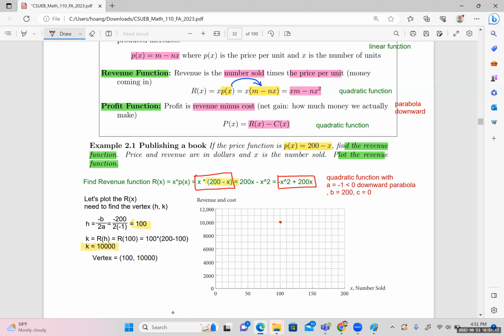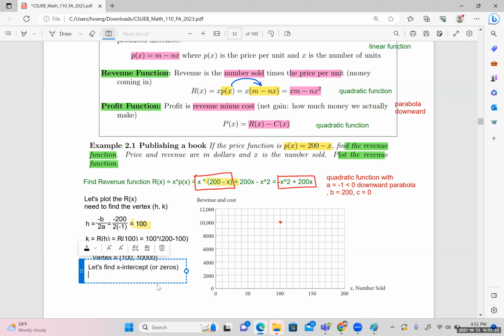So you can have that one, and let's find the y-intercept, sorry, the x-intercept, or the zeros, as we discussed in section 1.8.